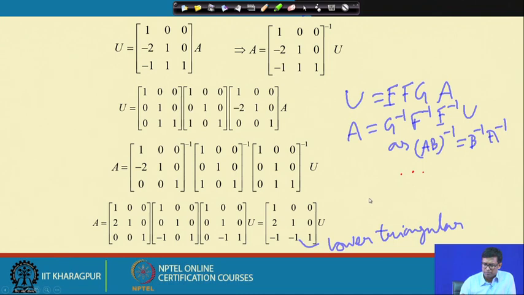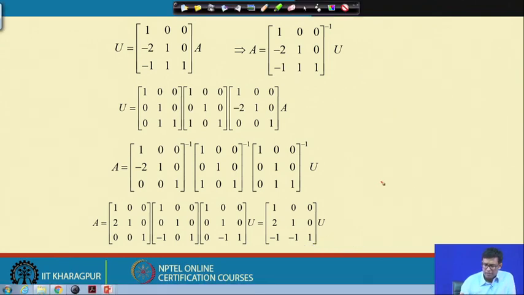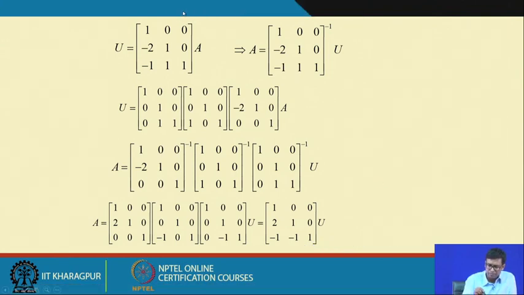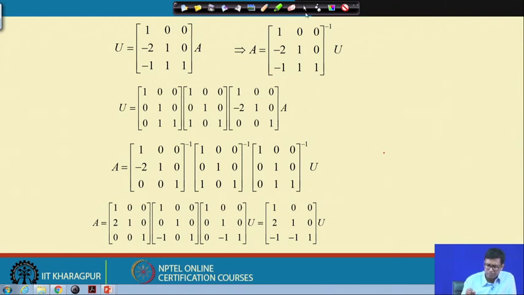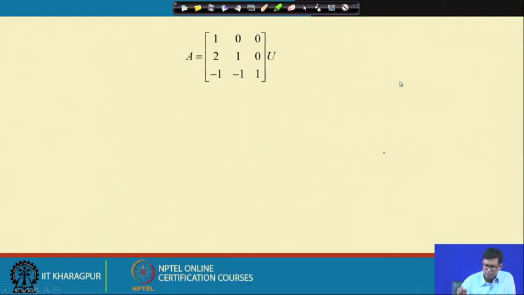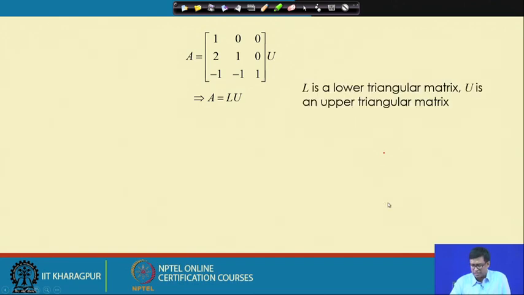So, we can write A is equal to a lower triangular matrix times an upper triangular matrix, or A is equal to LU, where L is a lower triangular matrix and U is an upper triangular matrix.